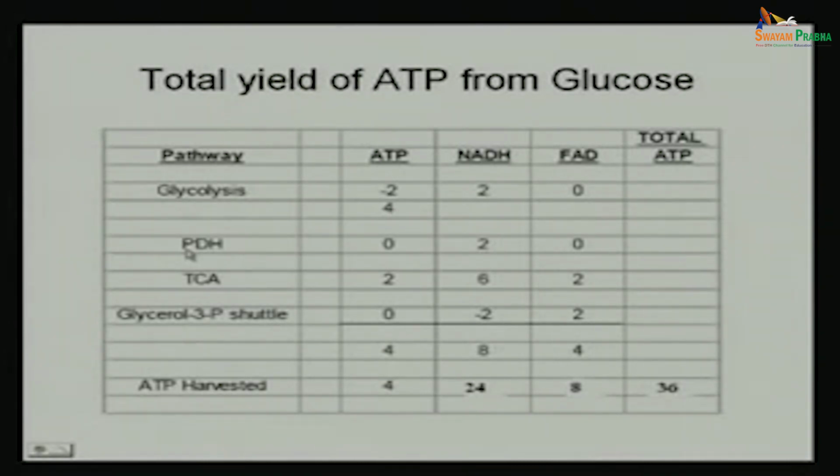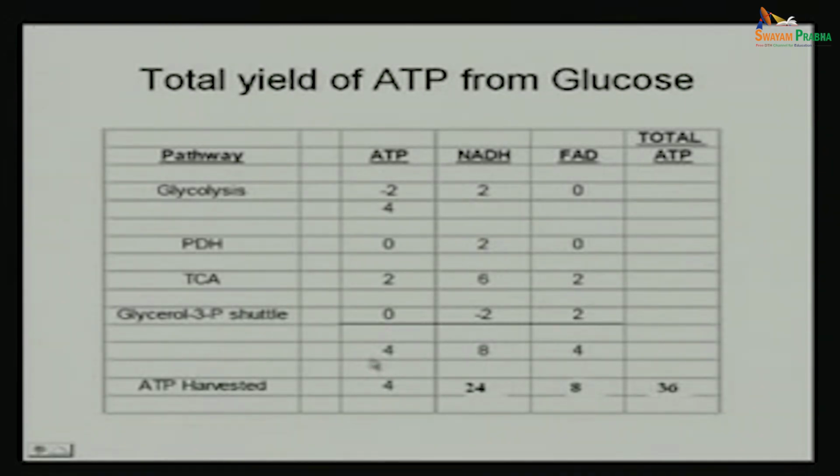In the case of pyruvate dehydrogenase, 2 molecules of NADH are produced. In the TCA cycle, 2 ATP, 6 NADH and 2 FADH2 are produced. In the glycerol 3-phosphate shuttle, 2 molecules of NADH are consumed and 2 molecules of FADH2 are produced.